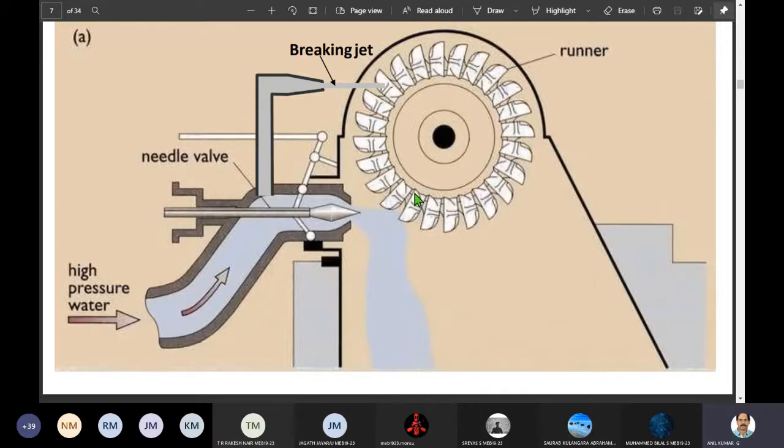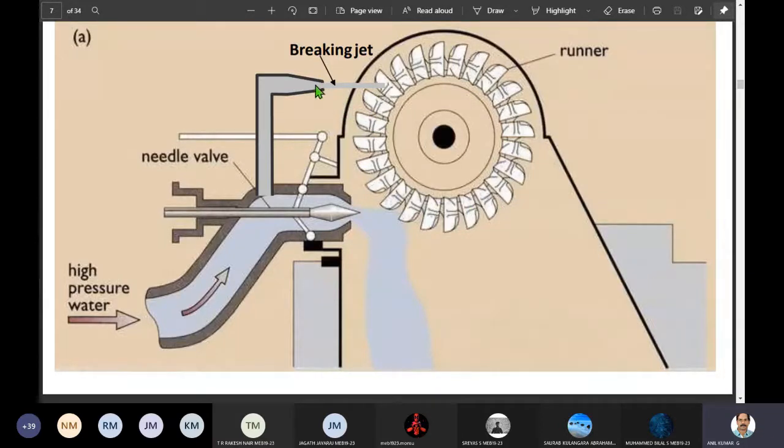So when this comes to a stop, the generator has to be stopped. Therefore, the turbine wheel has to come to a stop. If you want to stop the turbine within a small interval, you require a braking effect. For that purpose, the braking jet is used. The braking jet will strike opposite to the driving torque, so this will produce a braking torque.